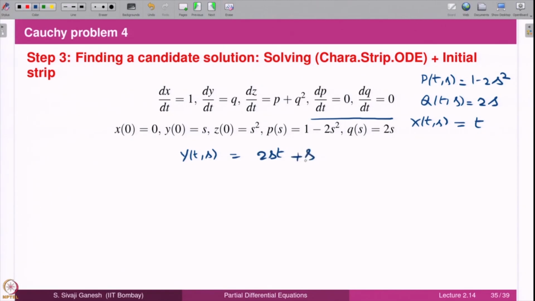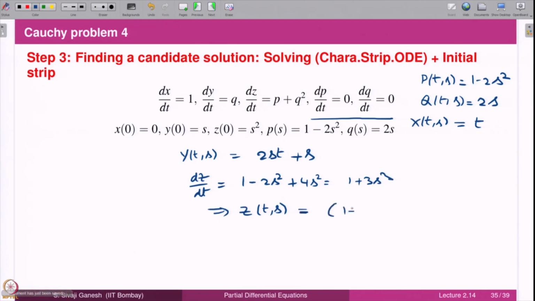So, it is this, and dz by dt we need to write down slightly. dz by dt is p plus q square, p is 1 minus 2s square, q square is 4s square. So, that is equal to 1 plus 3s square. Therefore, that gives z(t,s) equal to 1 plus 3s square into t. When t equal to 0, it should be s square.